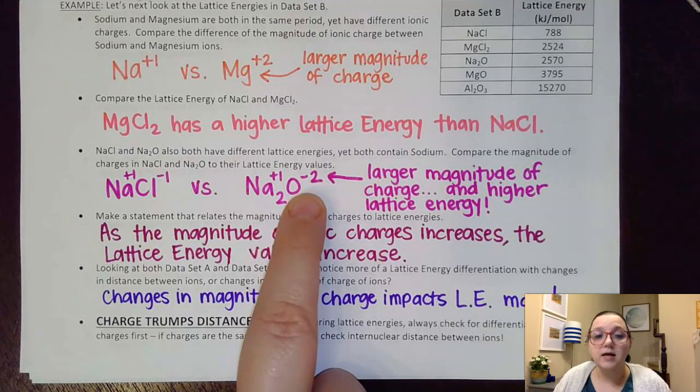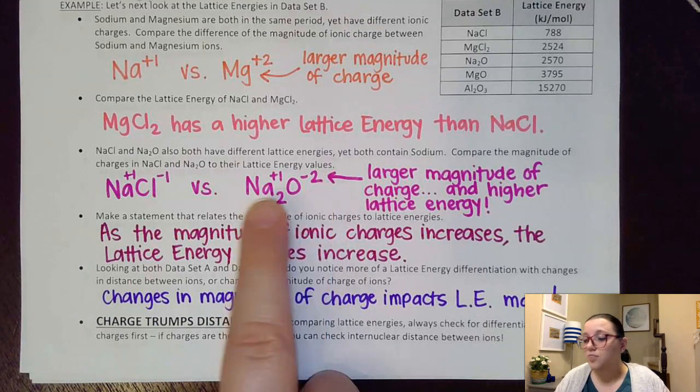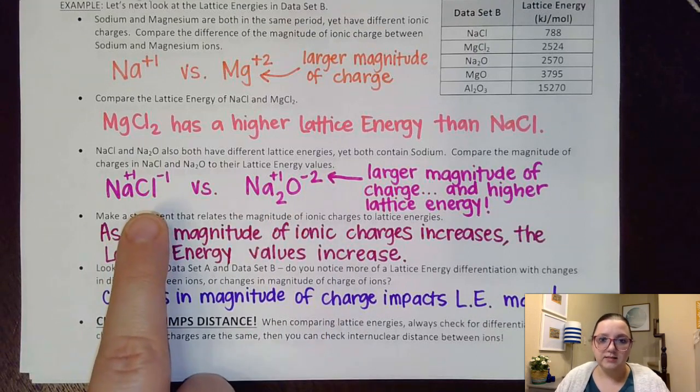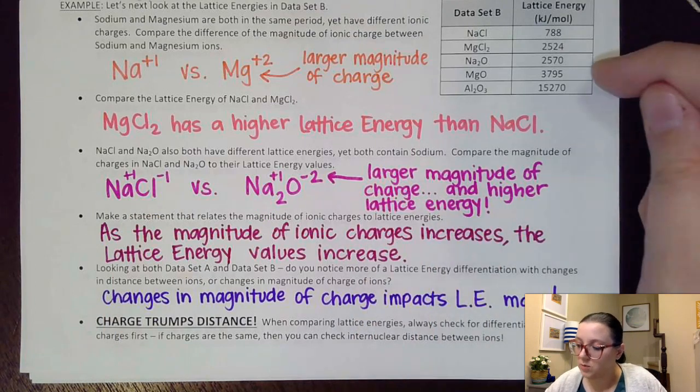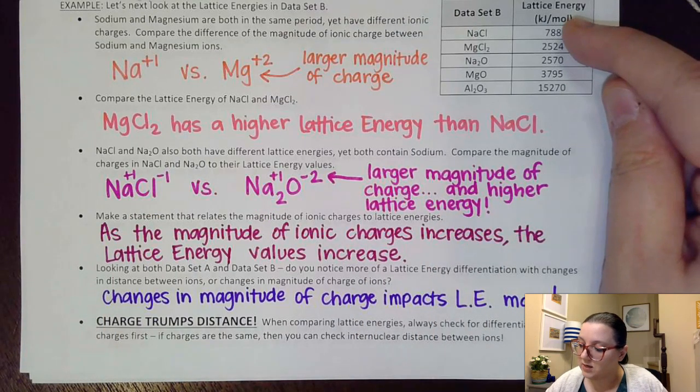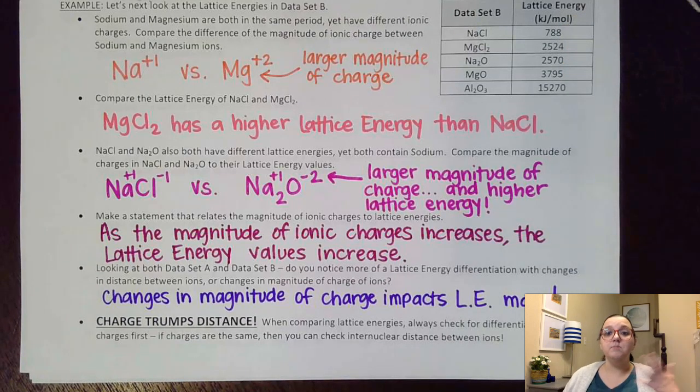So what that means is that here, because of that oxygen being -2, that gives us a larger magnitude of charge existing with this compound than I do with NaCl. And not only did it have a larger magnitude of charge, but when I actually go and compare their values, the 788 to the 2,570, I can see that Na2O has a much larger lattice energy value.